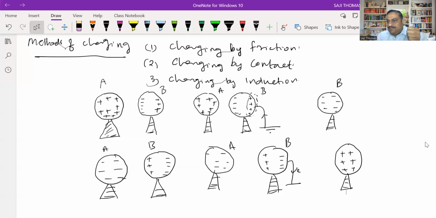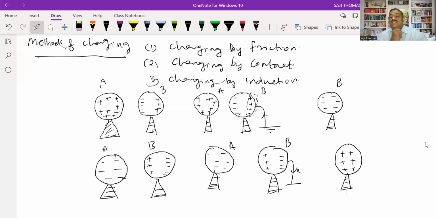Second, charge is a scalar quantity. It is additive in nature. Total charge on any object is equal to the algebraic sum of the individual charges. Third, charge is conserved. Charges can neither be created nor be destroyed. Total charge remains constant, but they can be transferred from one object to another object.